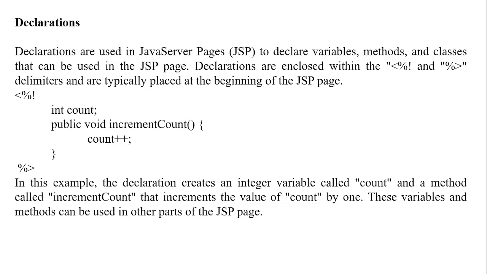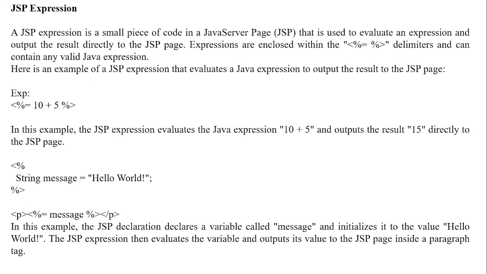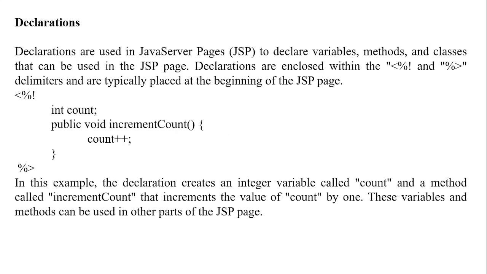So if you want to declare some variables, methods or classes, we can declare them inside the declaration element. So how do we enclose a declaration? We use the delimiter but with an exclamation sign.